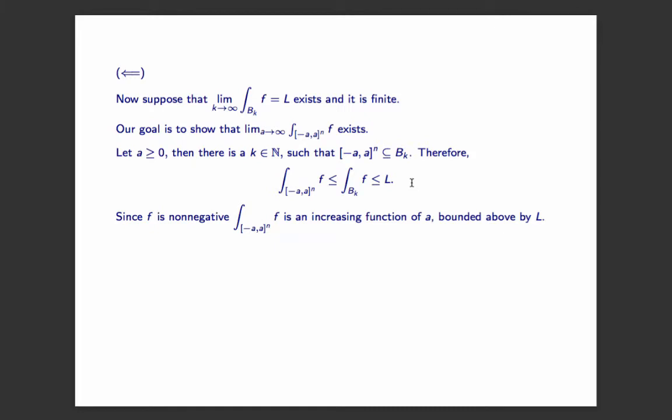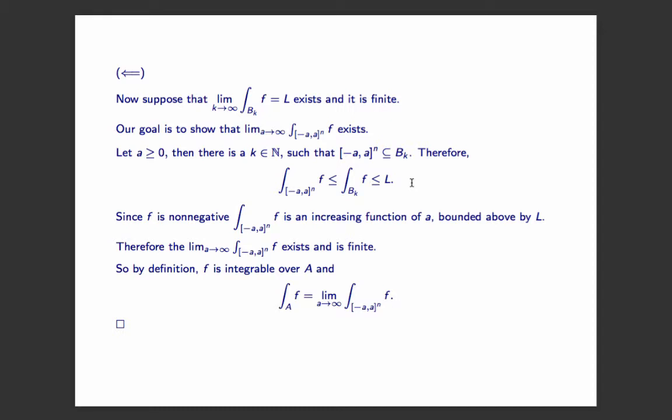As we stated before, since f is non-negative, the integral of f over the a cube is an increasing function of a, and as we just pointed out, it's bounded above by L. Therefore, that limit as a goes to infinity exists because I have an increasing function bounded above. Therefore, it has a finite limit.